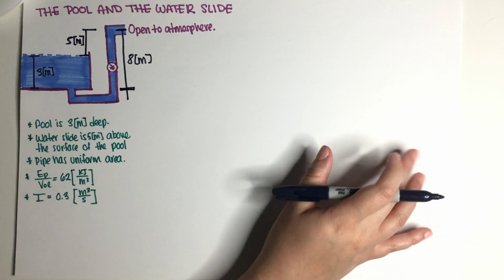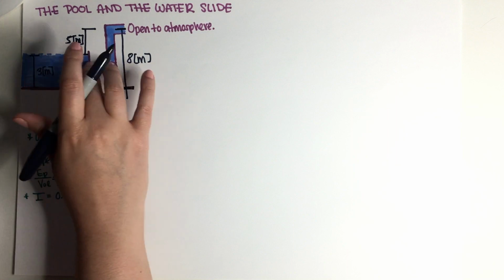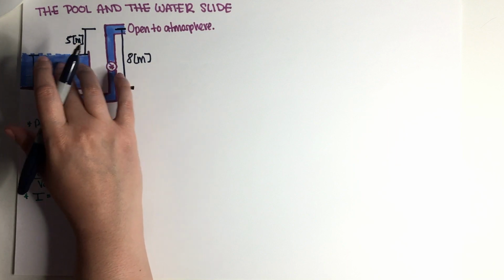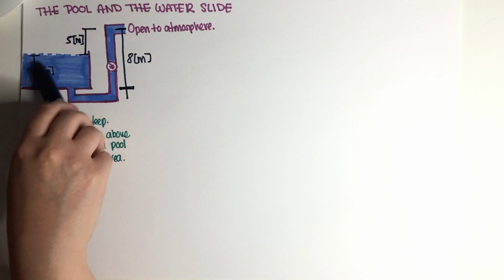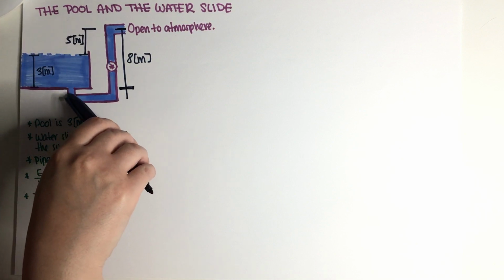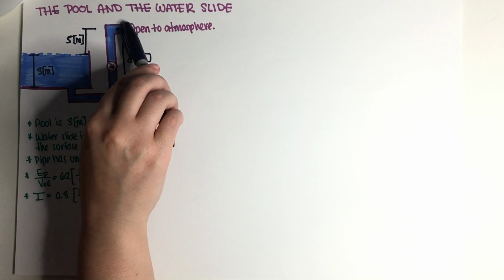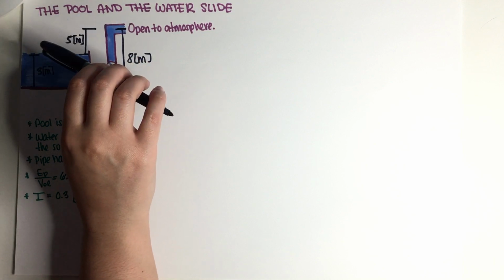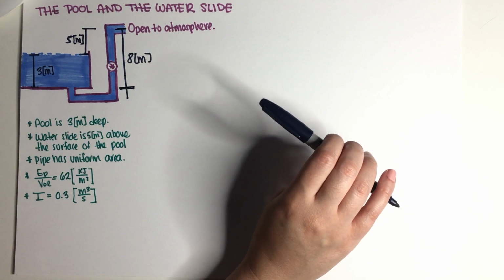Now we have two different fluid systems. We have a pool with water and the water is not moving, so the flow is equal to 0 over here. And we also have a little pipe that's connected over here and goes all the way to the top. By definition, these are two different fluid systems because they have two different flows.